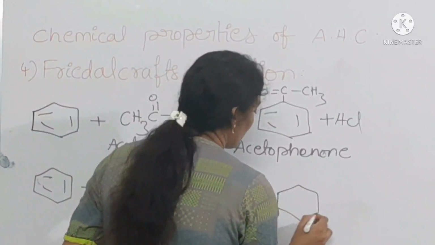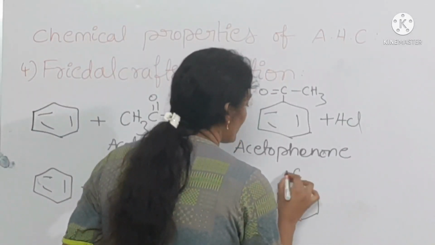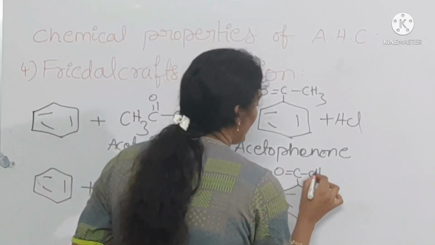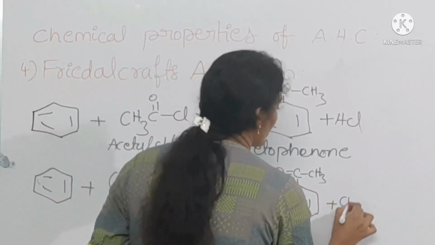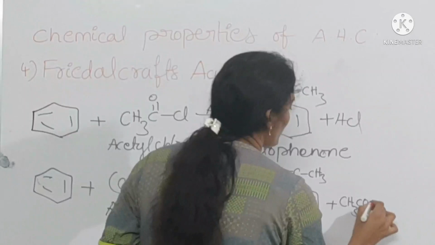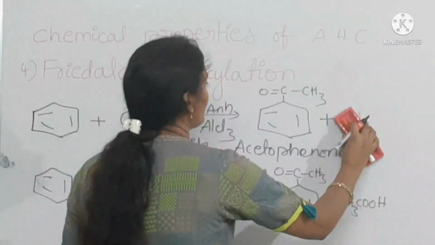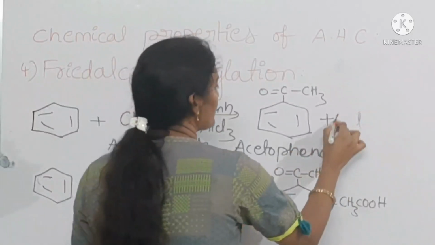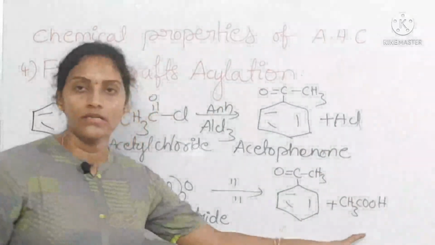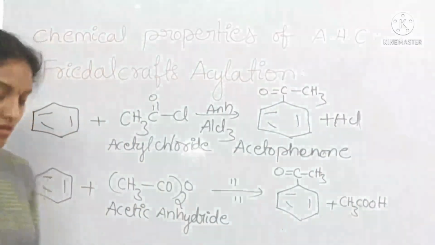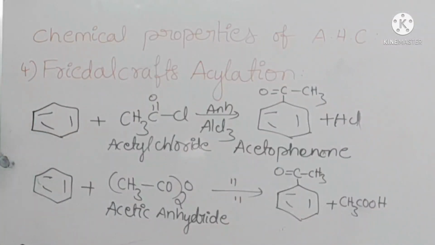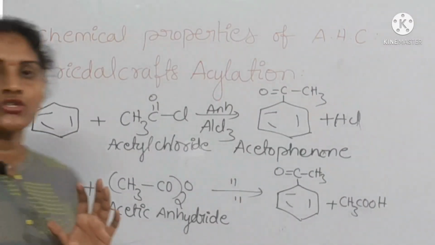This will also give acetophenone, and acetic acid is the byproduct. CH3COOH is the byproduct. Sorry, in the previous case HCl is the byproduct; in this case, acetic acid is the byproduct. These are the substitution reactions of benzene or aromatic hydrocarbons.